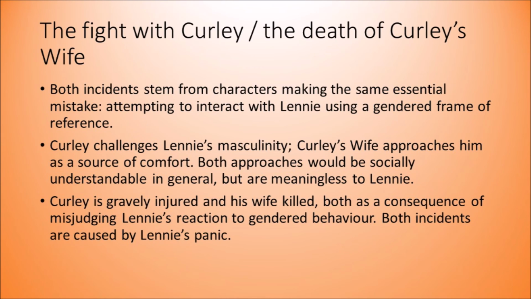Curly challenges Lennie because it's a way of proving his own masculinity. Curly's wife uses a stereotypically feminine approach and uses Lennie as a source of comfort. And in any other case, if we were talking about any other character, both approaches would make sense. But they don't make any sense to Lennie.